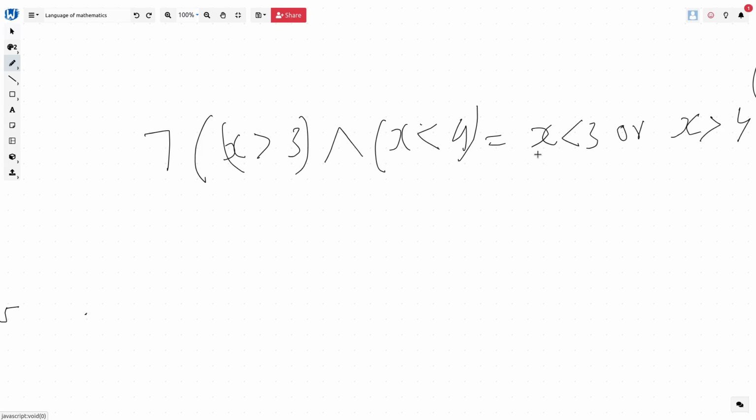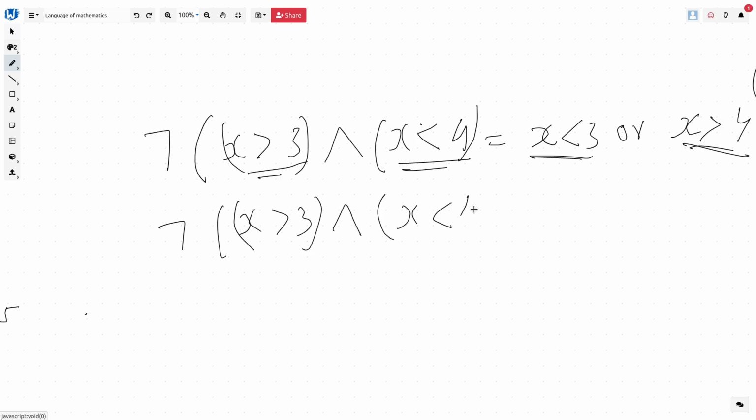Now if you look closely, this one is not of this one and this x greater than 4 is not of this one, right? So we can clearly say this is not of x greater than 3 or not of x less than 4, right?